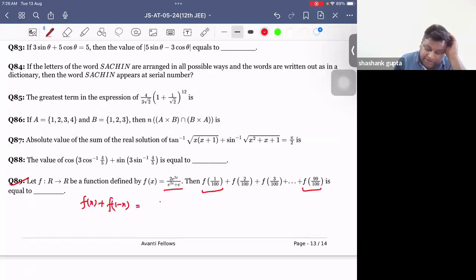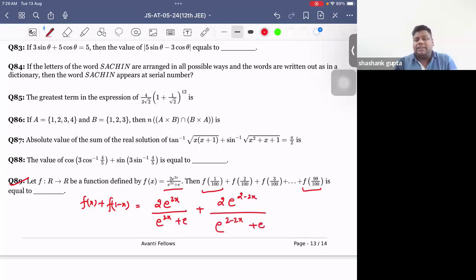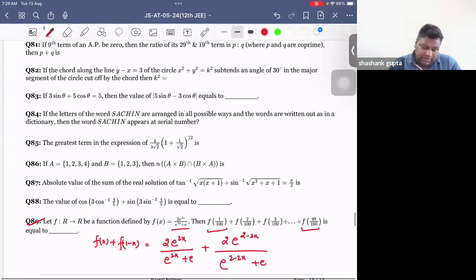If you simplify it, it will be 2 times e to the power 2x upon e to the power 2x plus e, plus 2 times e to the power 2 minus 2x upon e to the power 2 minus 2x plus e. Just take LCM in the second part and finally you simplify, you get 1. That's it, the entire paper is simple.